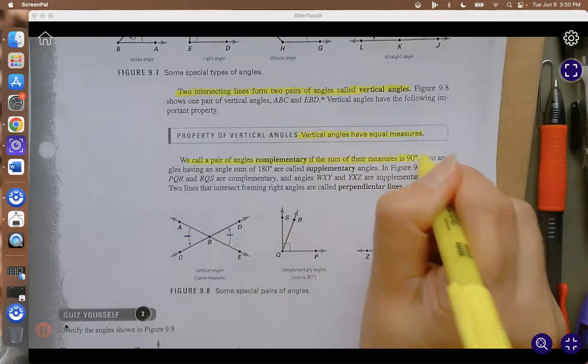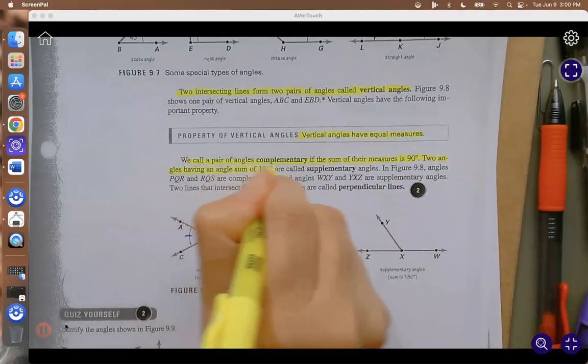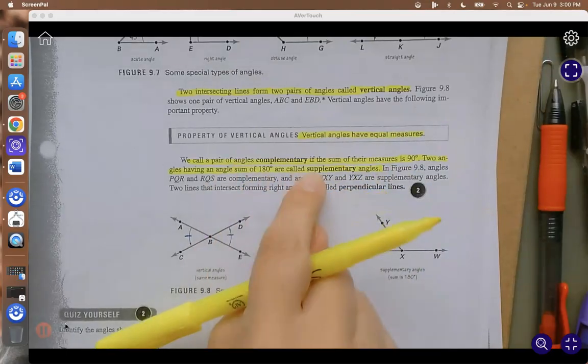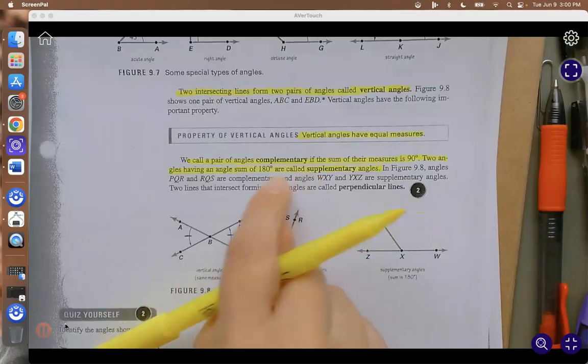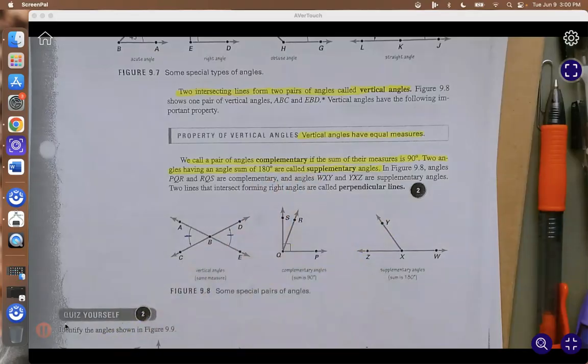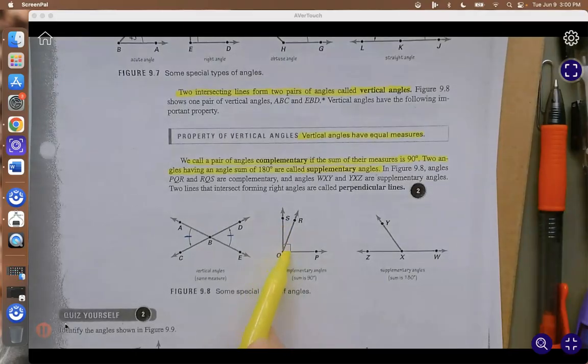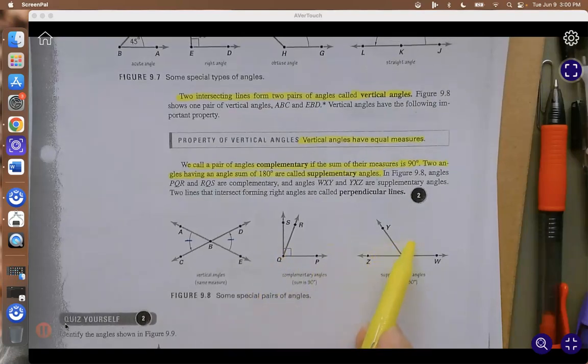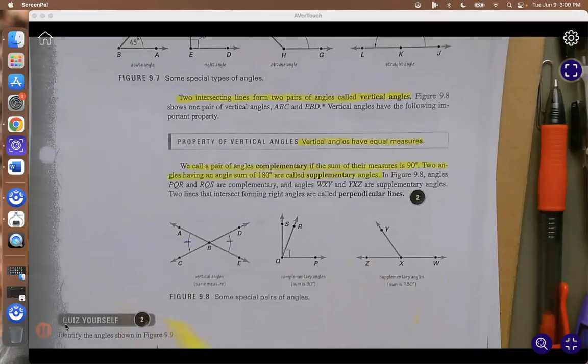Now, if two angles have an angle sum of 180, they're called supplementary. Well, 180 makes a straight line, so S for straight and S for supplementary, and that means 180. So if you look here, if I add this angle to this angle, they will make a 90-degree angle when put together. If I add this angle and this angle together, they make a straight angle, which means they're supplementary.